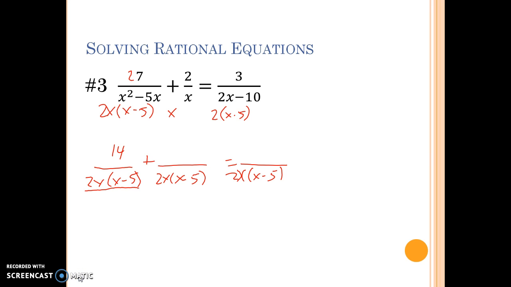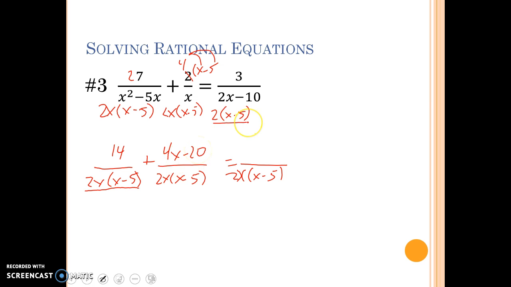But then I need to multiply this denominator here by a 2 and an x minus 5. So I'm going to multiply this 2 by 2, which is going to be 4, and an x minus 5. And so that's going to be, if I distribute it, 4x minus 20.